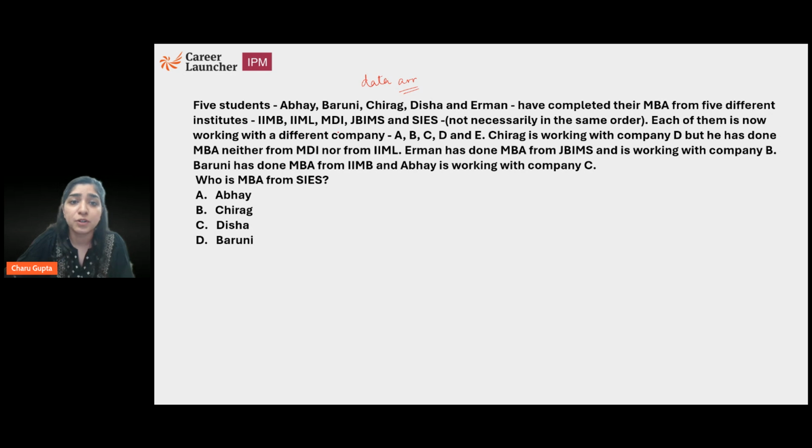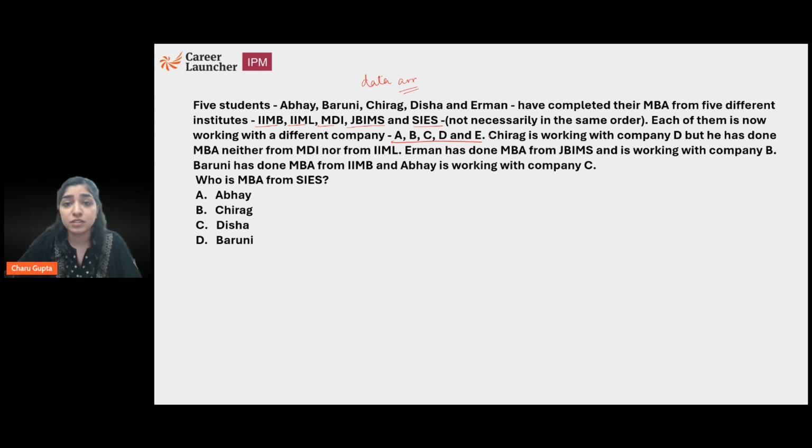5 students, Abhay, Baruni, Chirag, Disha, and Arman, have completed their MBA from 5 different institutes: IIMB, IIML, MDI, JBIMS, and SIES. Not necessarily in the same order. Each of them is now working with a different company, A, B, C, D, E. Now the conditions are given to us.